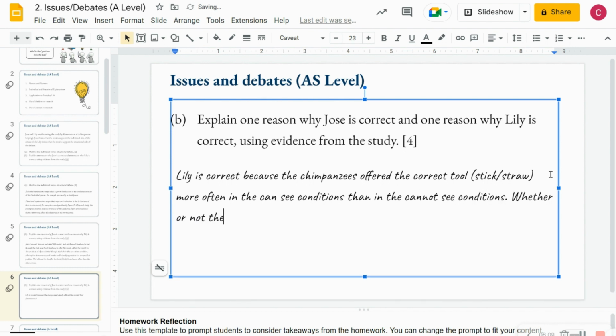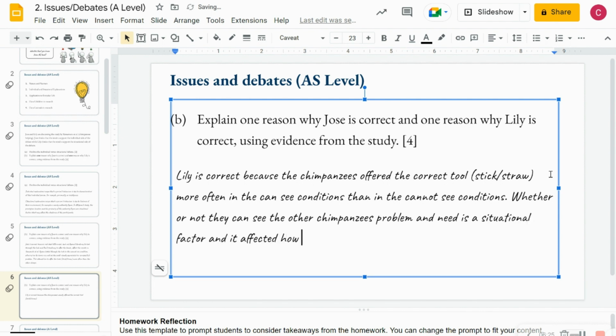Whether or not they can see the other chimpanzee's problem and need is a situational factor, and it affected how well the chimps performed on the task. Something like that will get you 4 marks.